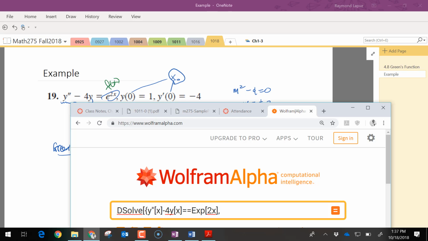So the initial conditions are y of 0 is equal to 1, y prime of 0 is equal to -4 in this case. So this is the initial value problem, and then you have to specify what you're solving for and what the variable is.